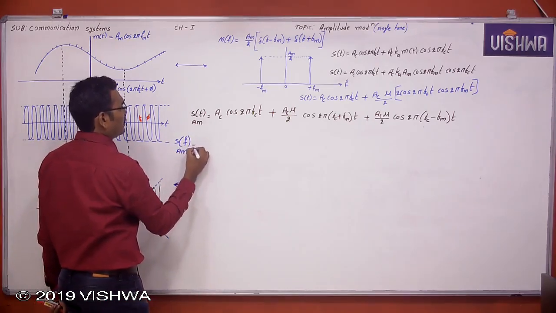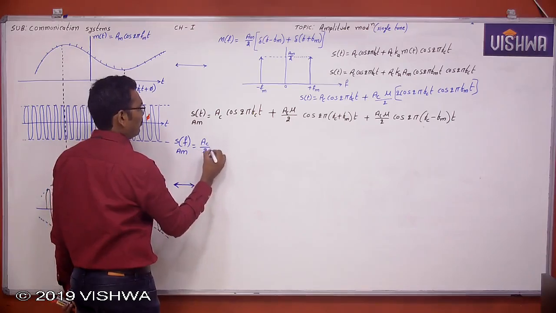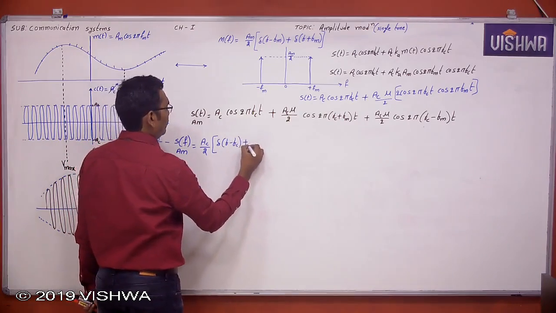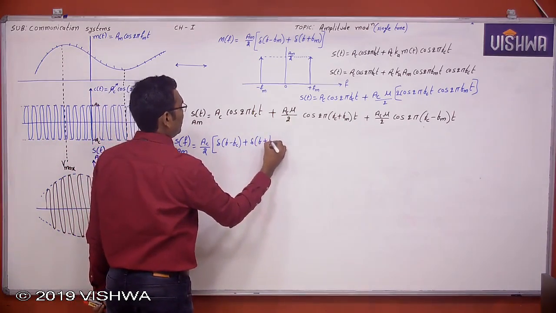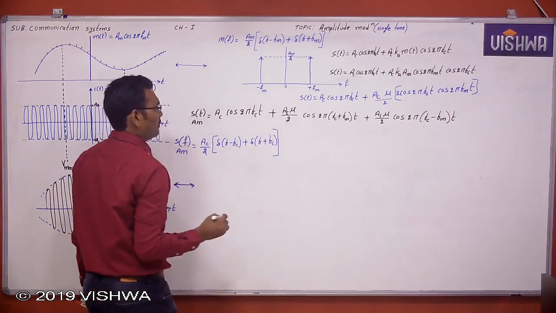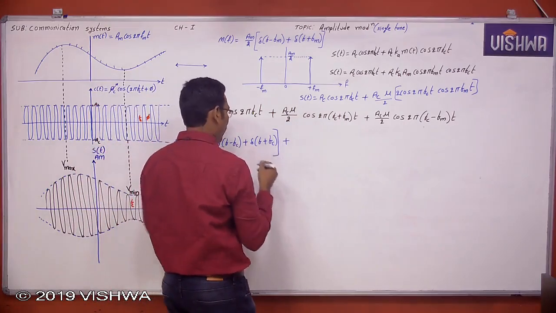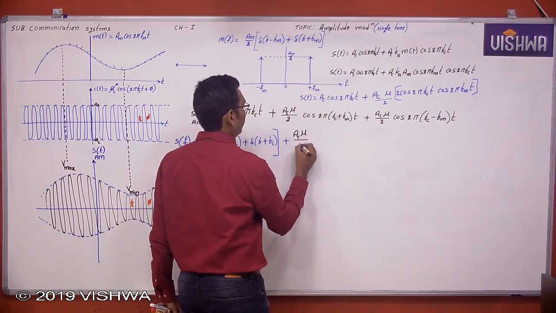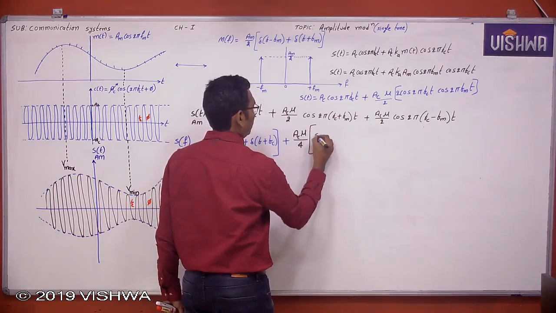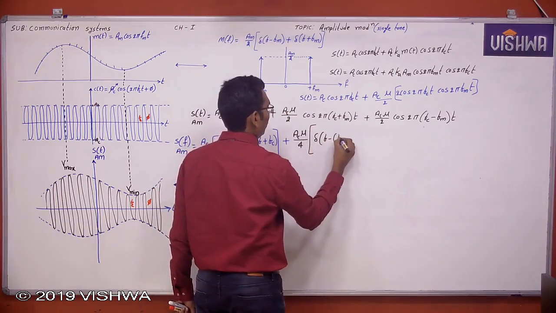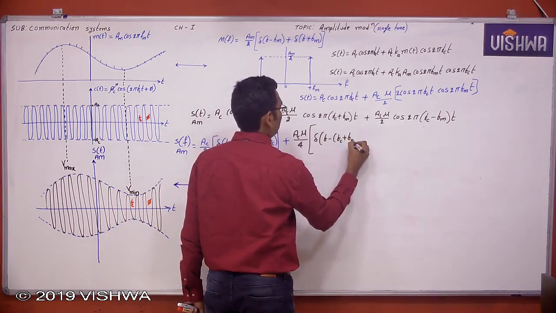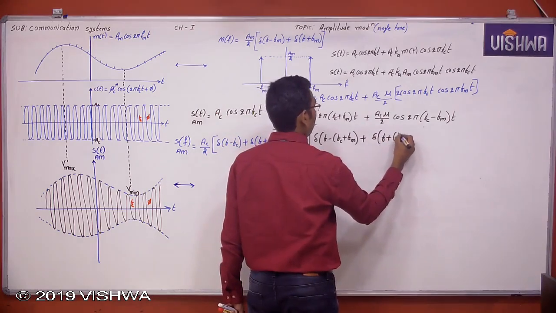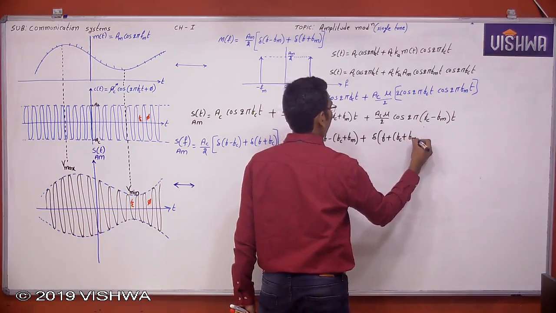The AM signal in frequency domain, which is nothing but Ac by 2 into delta of f minus fc plus delta of f plus fc, plus Ac mu by 2 becomes Ac mu by 4, Ac mu by 4 into delta of f minus fc plus fm plus delta of f plus fc plus fm.